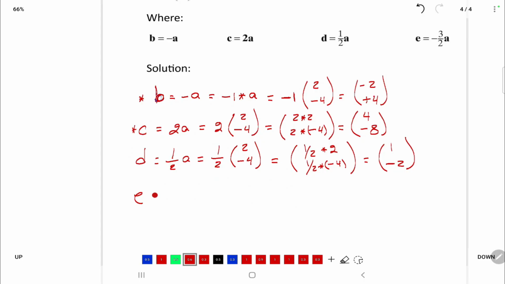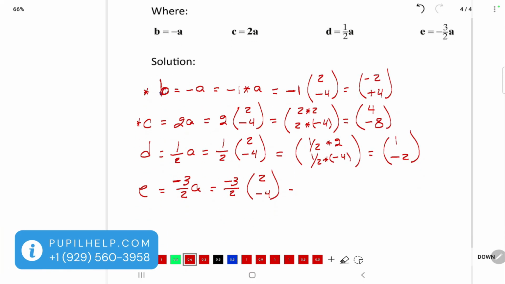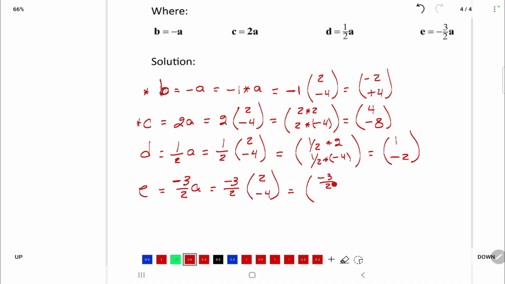Okay. E equals minus 3 over 2A. And this is the same as 2, minus 4. Keep in mind, in all cases, this one is the original vector, which is A. So this will be minus 3 over 2 multiplied by 2, and minus 3 over 2 multiplied by minus 4.